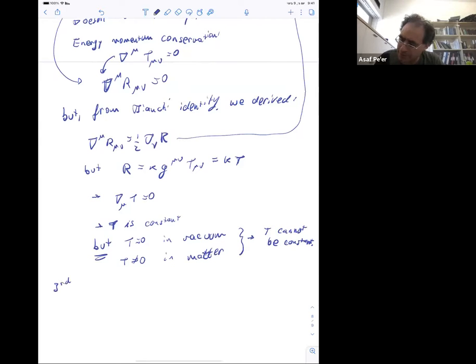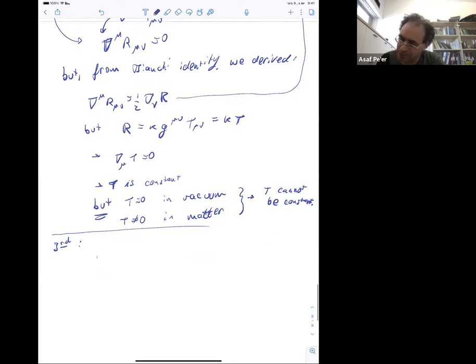So the third attempt, as was rightfully said, is to take the Einstein tensor G mu nu, remember it's R mu nu minus 1/2 R g mu nu. Now, the Bianchi identity tells us that this is always conserved.